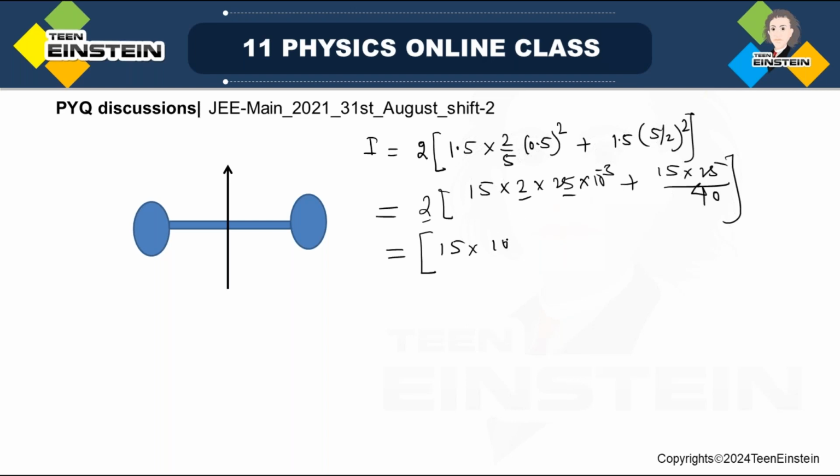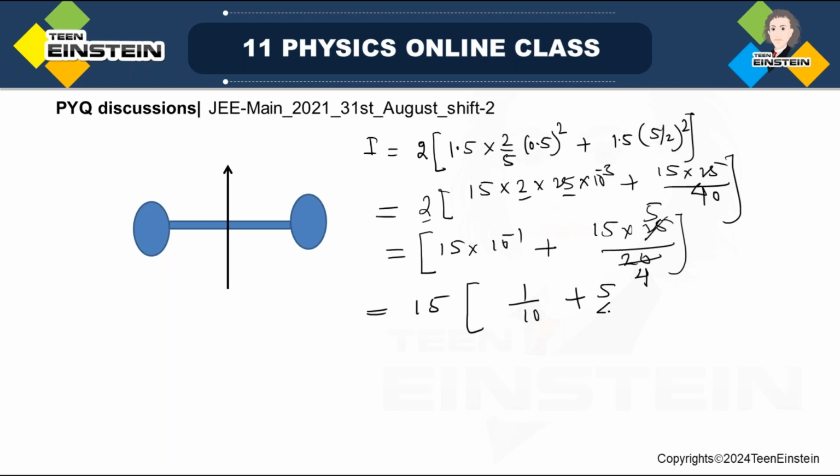So this will be 10 to the power minus 1 plus, here it will be 15 into 25 divided by 20. I can take 15 common from both. So I have 1 over 10, and here if I simplify, 5 5s are 25, 5 4s are 20, so 5 by 4.